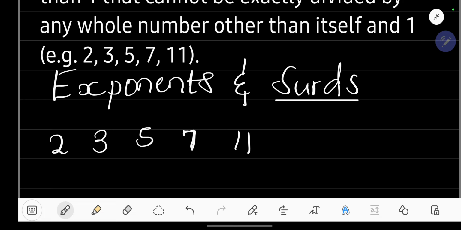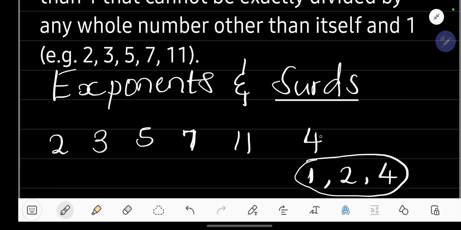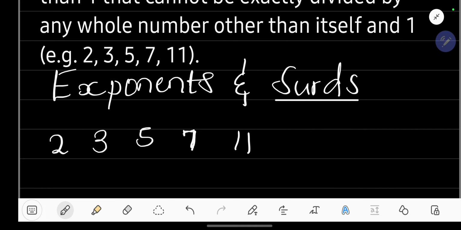Why isn't 4 a prime number? You can divide it by 1, it will give you 4. You can divide it by 2, it will give you 2. You can divide it by 4, it will give you 1. So there are 3 numbers that you can divide 4 with. That's why it's not a prime number. Let's check 6.